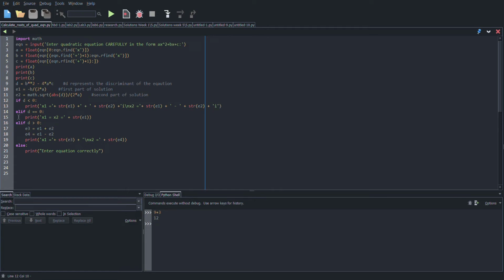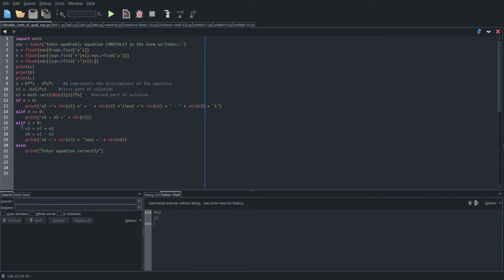And if d was equal to 0, you use elif d was equal to 0, to say this is a different thing. If this happened, you will have equal roots, right? So you print x1 is equal to x2 because they are the same, which is equal to, you convert the number you got into a string, then you print it out.